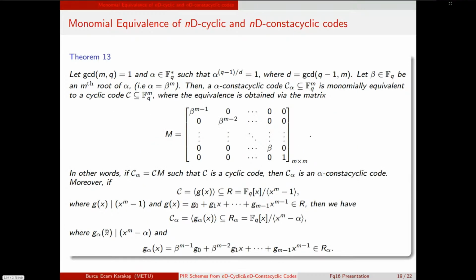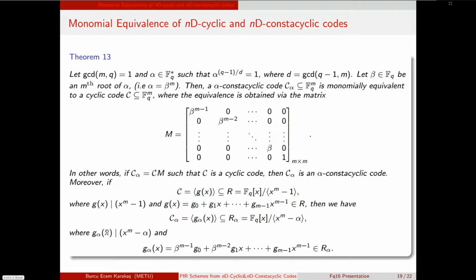And this result is also in the Bier-Brouwer paper with a different notation. So for this, we need to satisfy that alpha has an nth root over Fq, and we call this beta here.